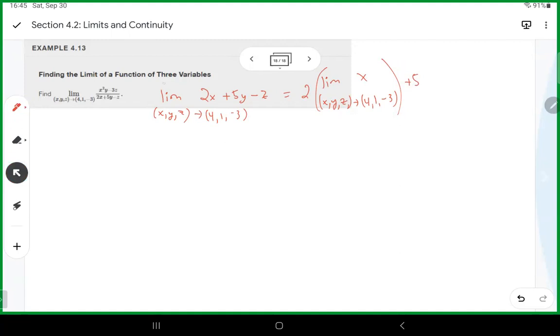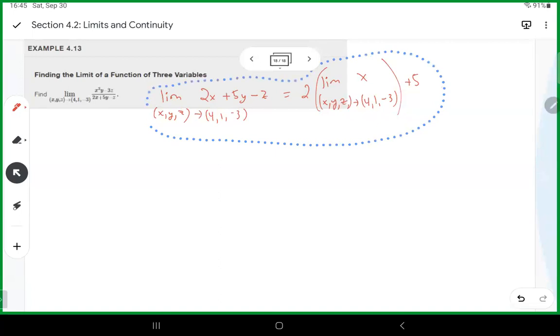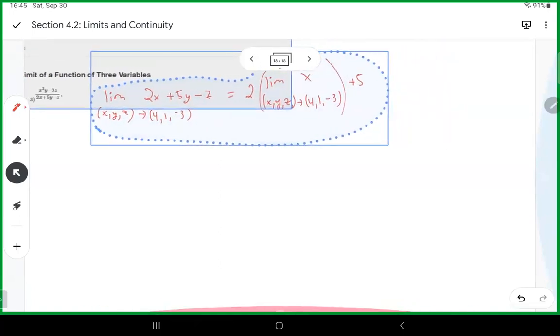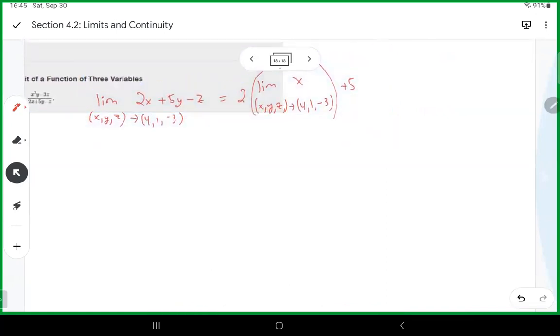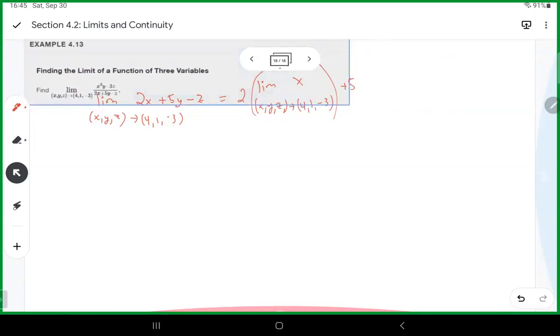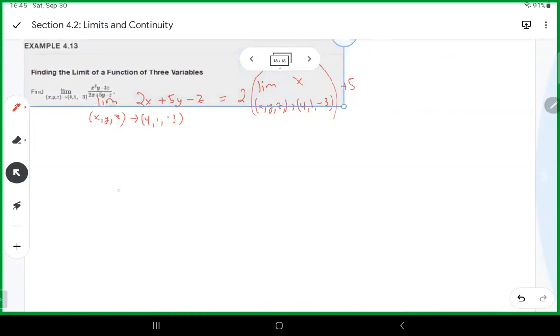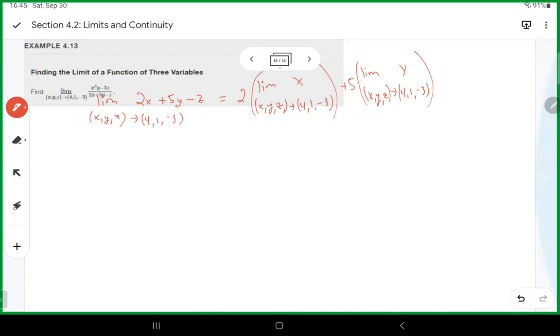I wonder if I can... there. Should have enough room now. The limit. All right. And then minus the limit.